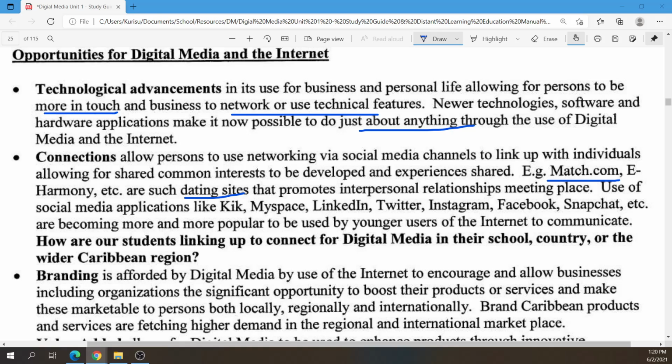Can you think of an example in Guyana in terms of connections? We're talking about how businesses use social media to form connections.